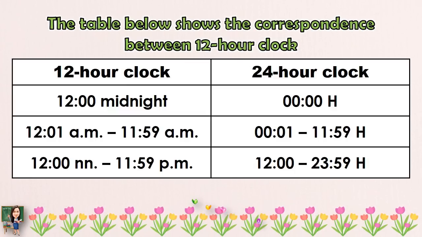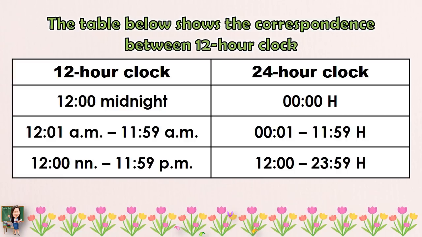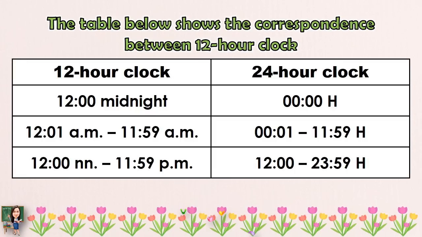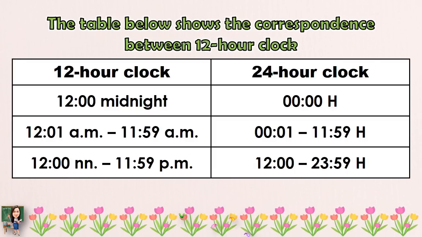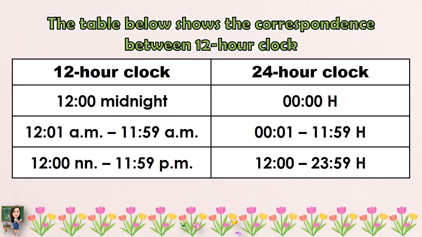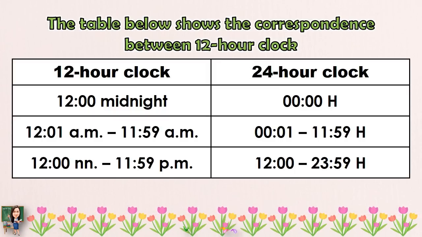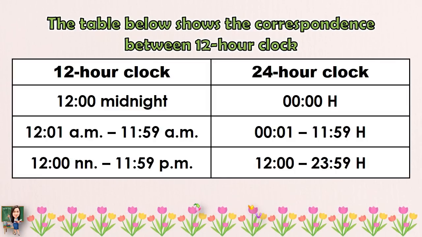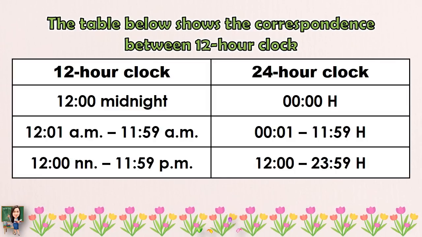Next, 12:01 AM to 11:59 AM is written as 0001 hours to 1159 hours. Then 12 o'clock noon to 11:59 PM is written as 1200 hours to 2359 hours.